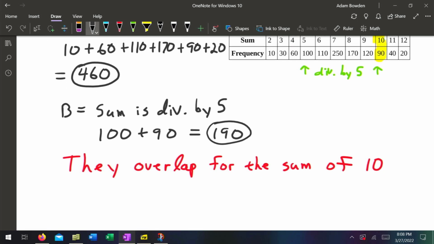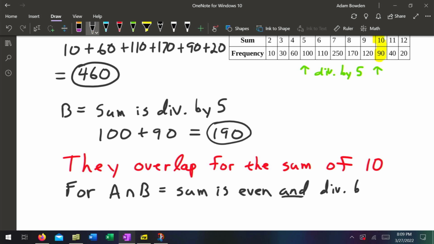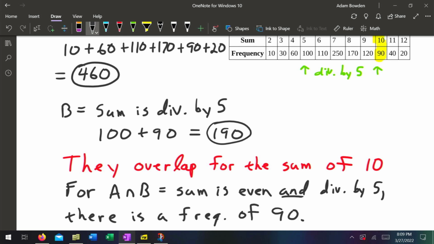So for the event of A intersect B, which is the same as the event the sum is even and divisible by 5, there is a frequency of 90. So that helps inform us about the probability when we go to the next step.